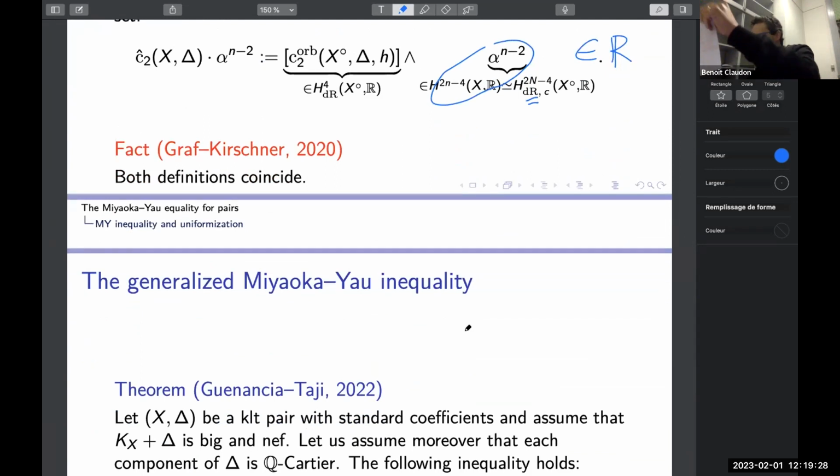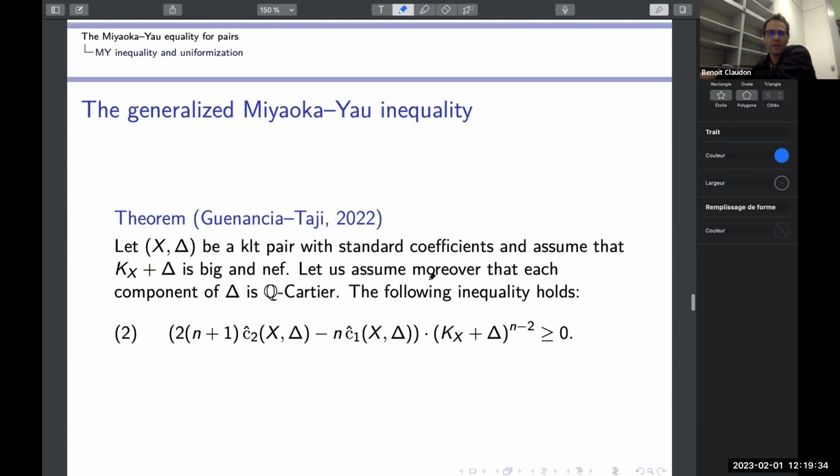Okay, so let's come to the generalized Miyaoka-Yao inequality.